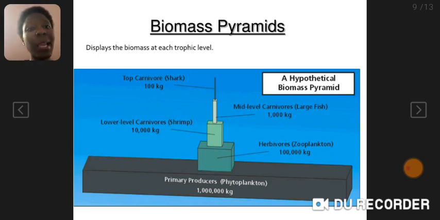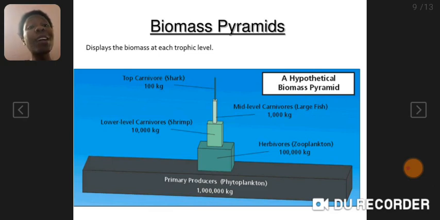And if you do the same for the shrimps, which are your secondary consumers, you'll be getting what? 10,000 kilograms. And if you do the same for the larger fishes, you'll be getting 1,000 kilograms. The larger fishes are the tertiary consumers, and then your quaternary consumers.